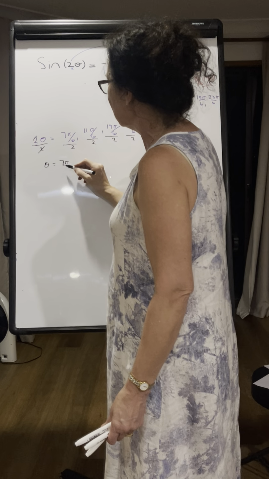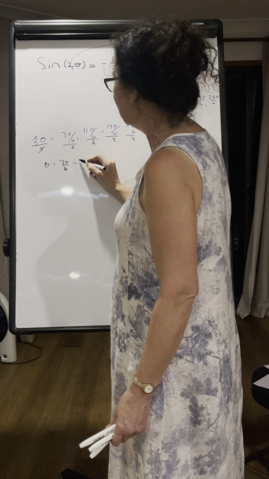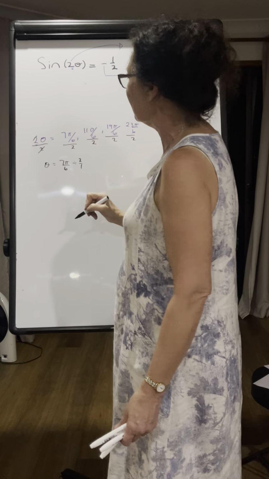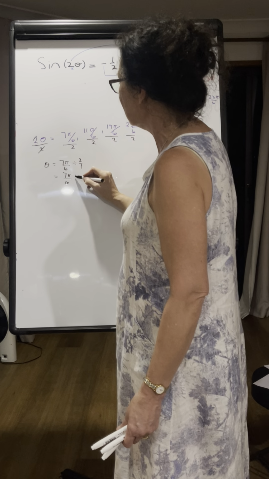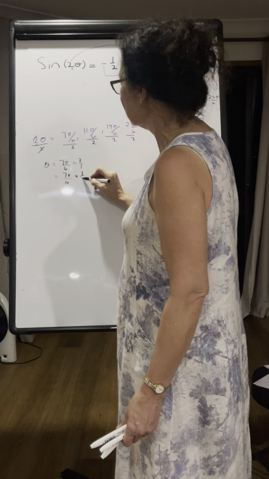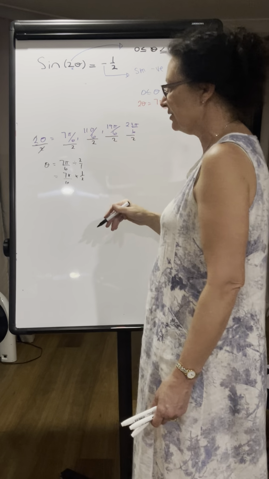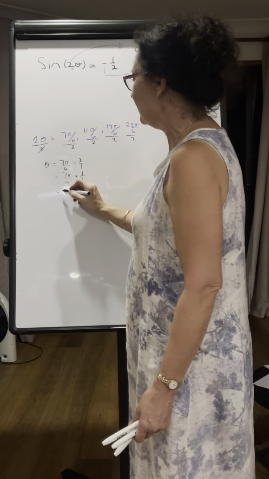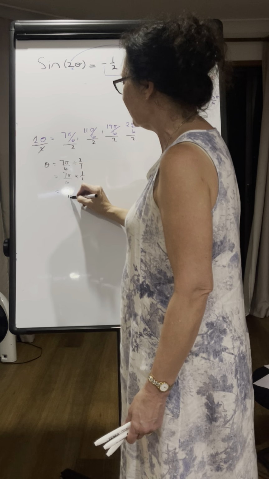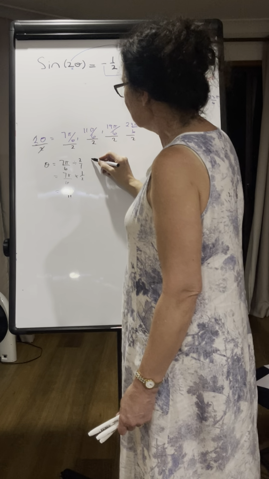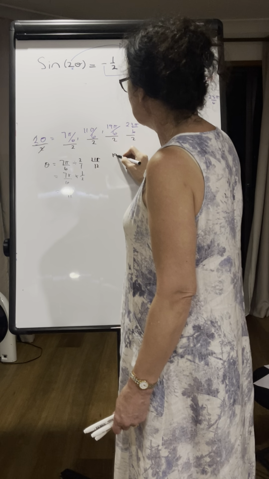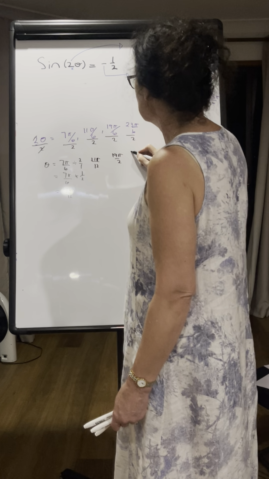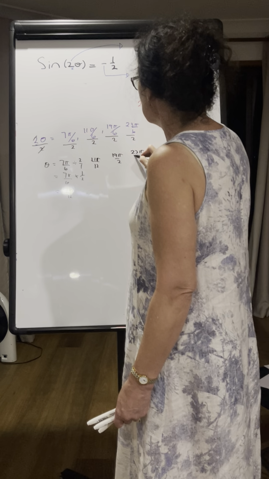Let's just deal with this one. Divided by 2, which is 2 over 1. And that's the same as 7 pi over 6 times 1 over 2, because dividing it by 2 is pi half. And so we get 7 pi over 12. As we do the rest of them, we get 11 pi over 12, 19 pi over 12, 23 pi over 12.